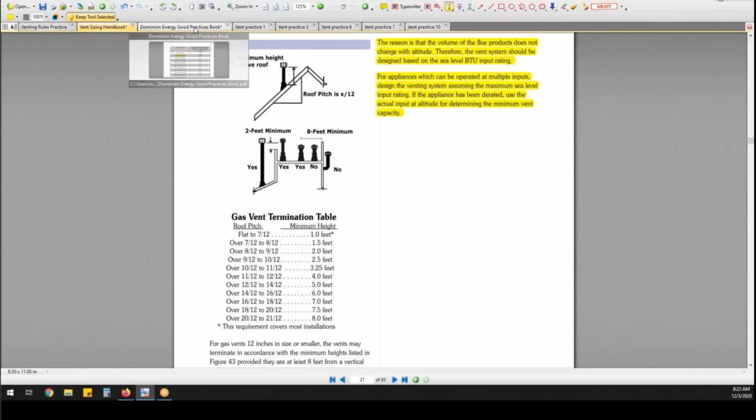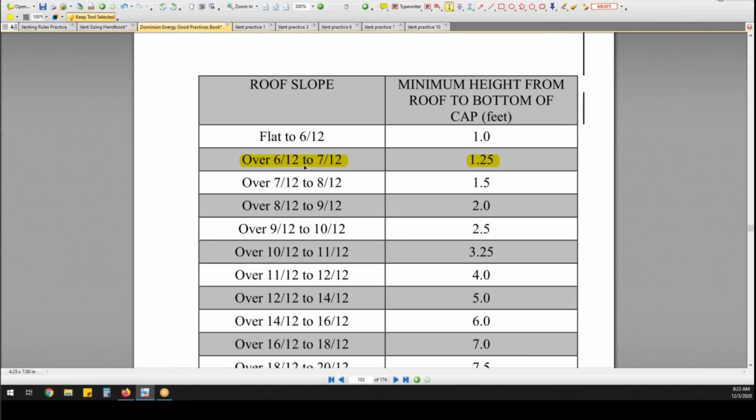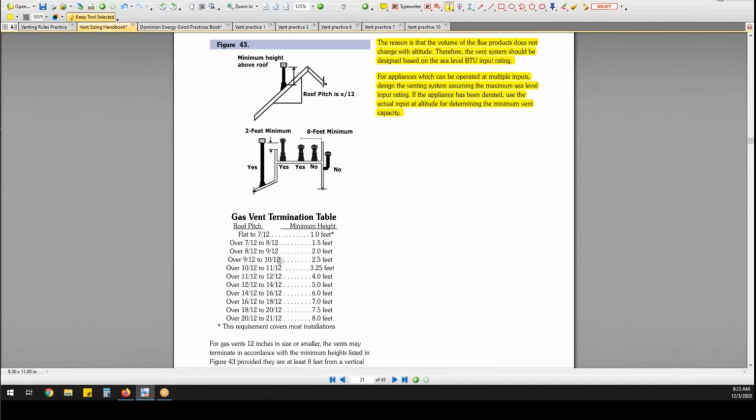So, whenever you find a discrepancy like that, whatever the local code is what you're going to follow. So this is what Dominion Energy says. So how do they word that? The authority that has jurisdiction. Okay. So if you were going to argue this, well, this is Simpson's Duravent book.